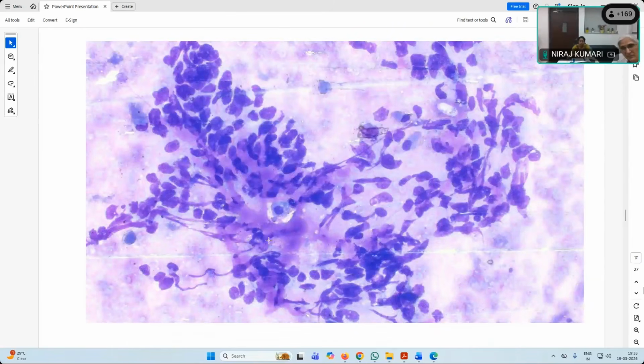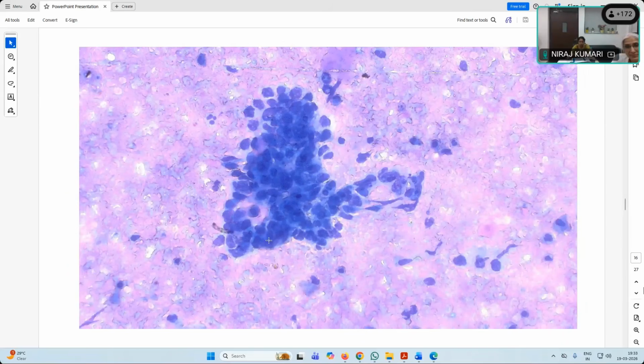So this is a 3-year-old child, FNA from the abdominal mass. What are your DDs now? Dr. Preeta?